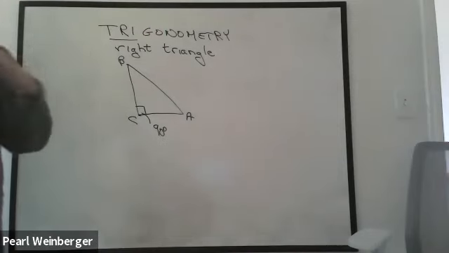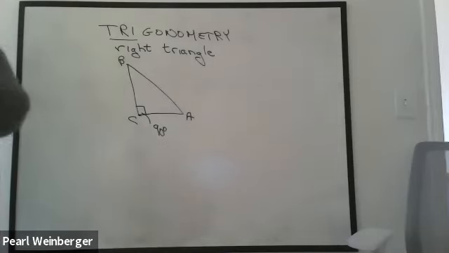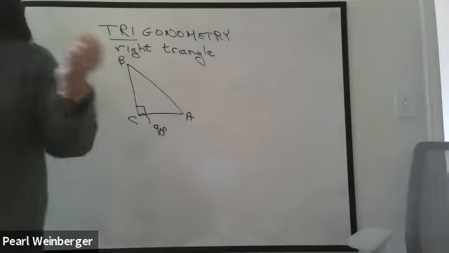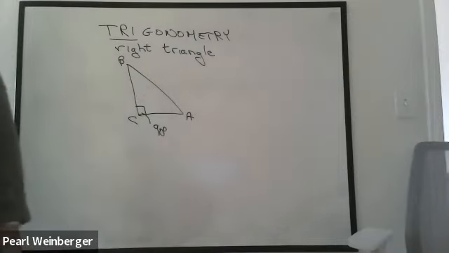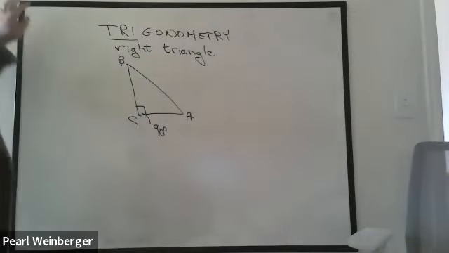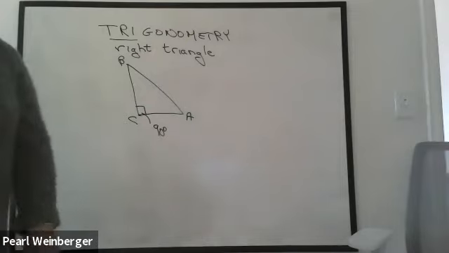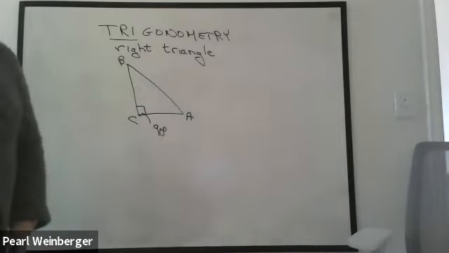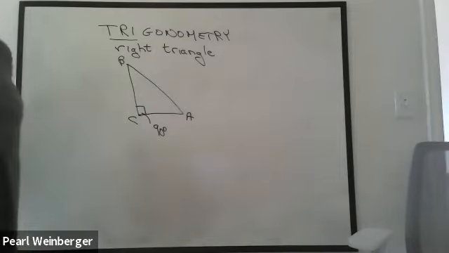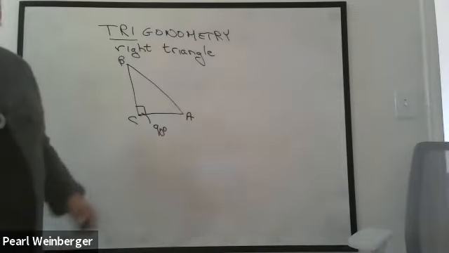Again, if it's a regular bed, the corners are right angles. The room usually meets at right angles. Windows are usually right angles. Or this board right here, the corners are all right angles. It is a basic building block that we use in most cases to make things. So it's a very important angle.